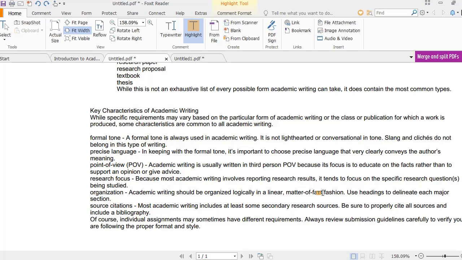Now, key characteristics of academic writing. What are the key characteristics of academic writing? While specific requirements may be based on the particular form of academic writing or the class of publication for which a work is produced, some characteristics are common to all academic writing. The key characteristics depend on the work we are doing.